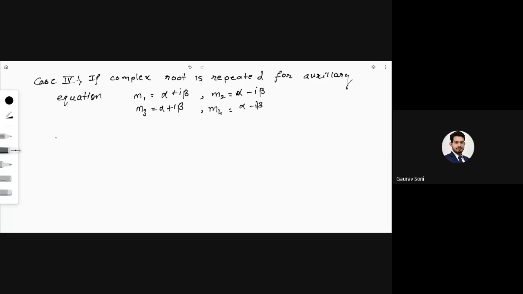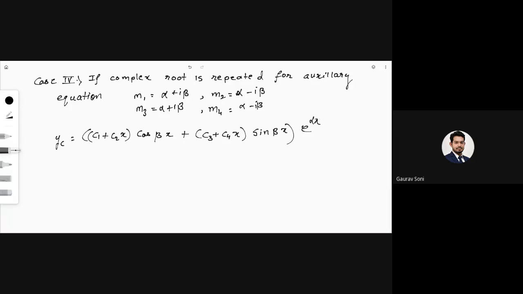So yc in this case will be, c1 plus c2x cos of beta x plus c3 plus c4x sine of beta x, times e to the power alpha x.